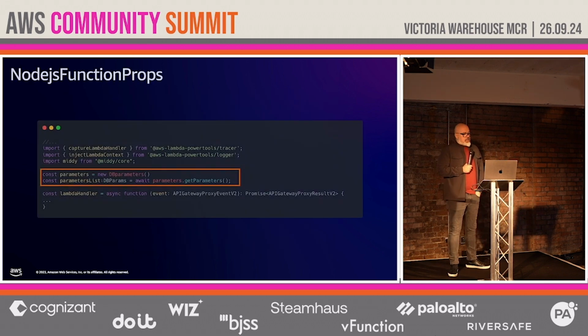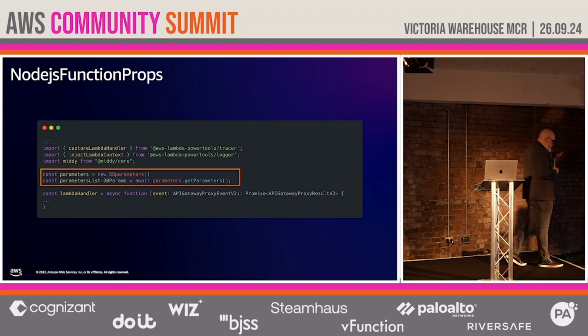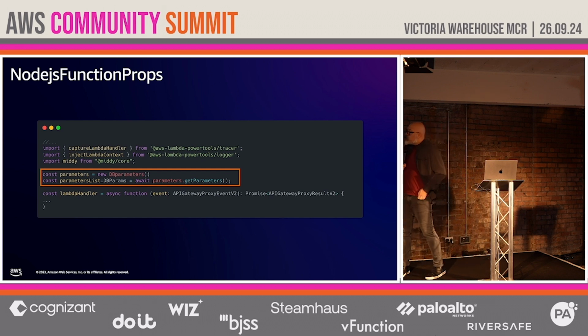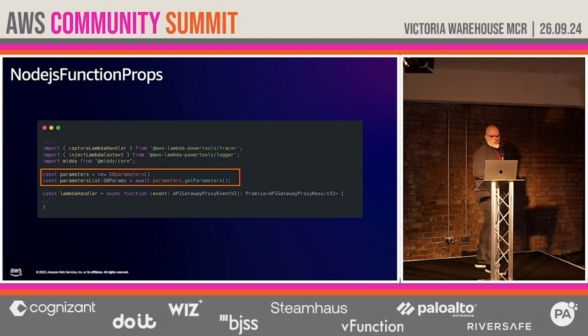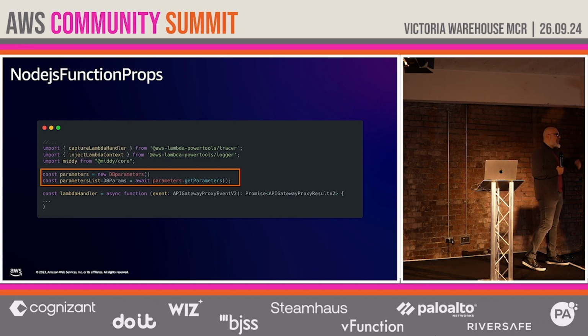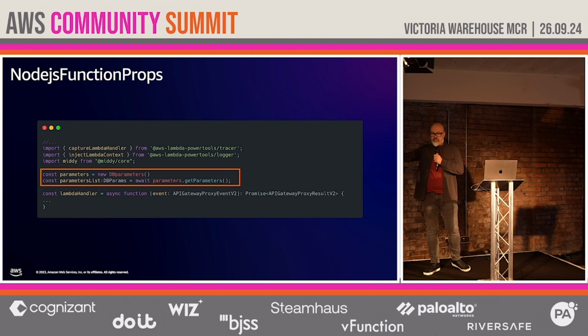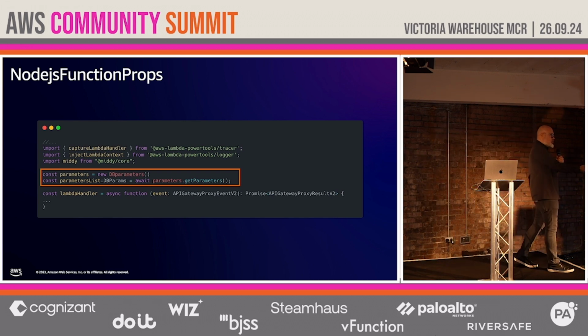Okay, so first and foremost, what we usually recommend is that when you build your application and you create, in this case, an API, you have a couple of optimizations outside the handler. For instance, if you want to fetch the parameters from Parameter Store, you don't have to do it in every single execution, because otherwise you need to create a connection with Parameter Store, make a request, retrieve the information, and then apply that inside your logic. That adds latency to your response time.